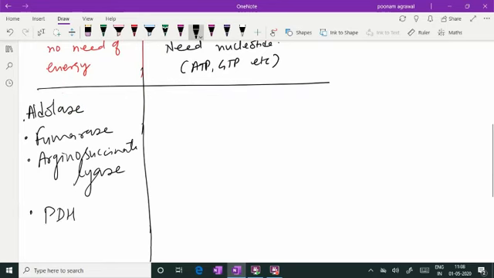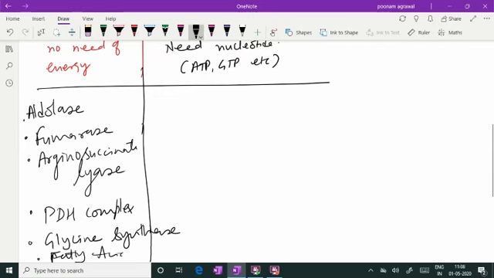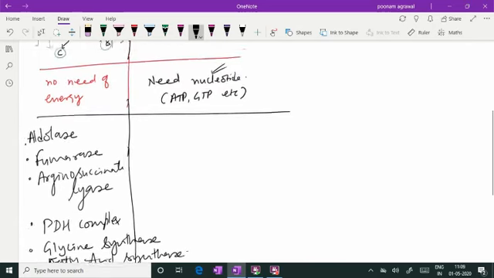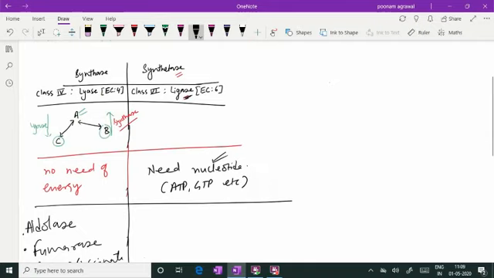Then PDH complex enzyme, glycine synthase enzyme, fatty acid synthase enzyme. They all are lyases or they all are synthases.